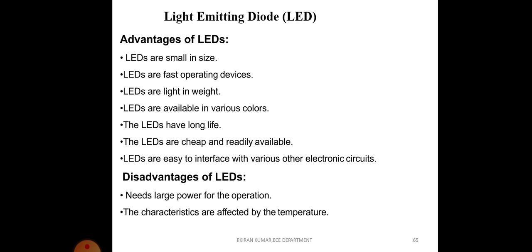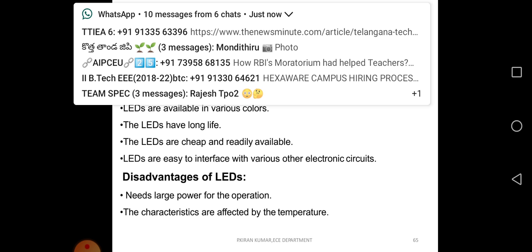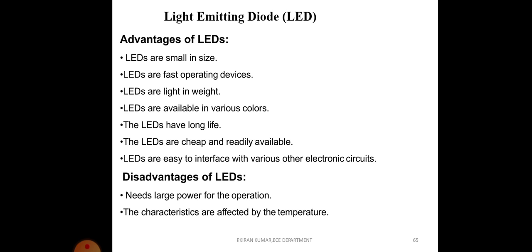Disadvantages of LED: they need a large power for operation. The energy gap is large, meaning we must apply a high voltage to operate the LED. The characteristics are affected by temperature, so be very careful when you connect the LED. It cannot operate in reverse bias, because the reverse bias breakdown voltage for this LED is 5 volts.